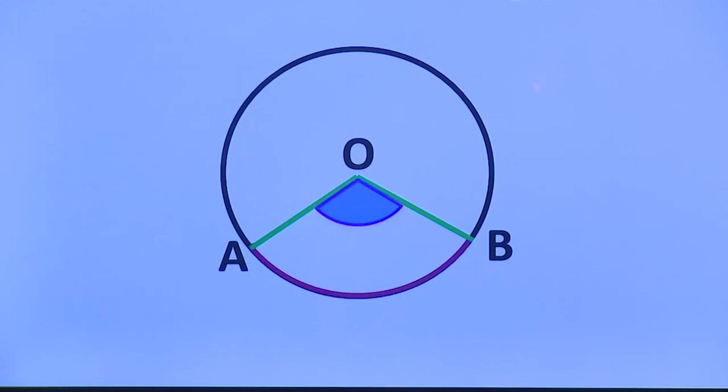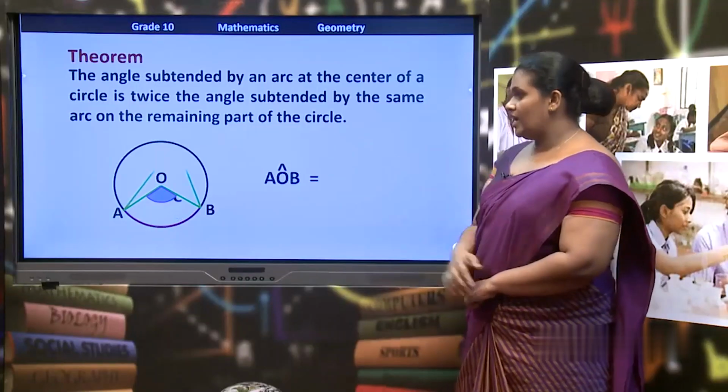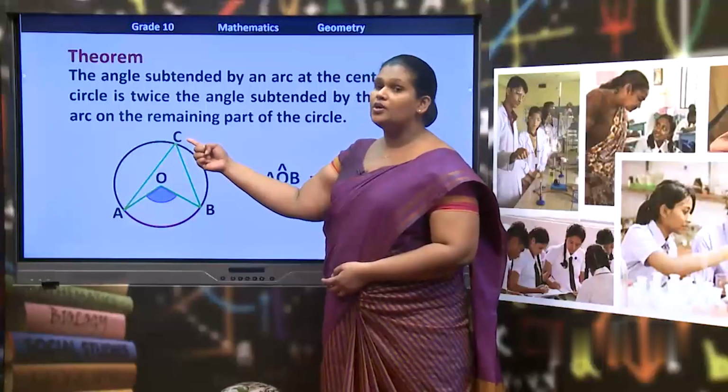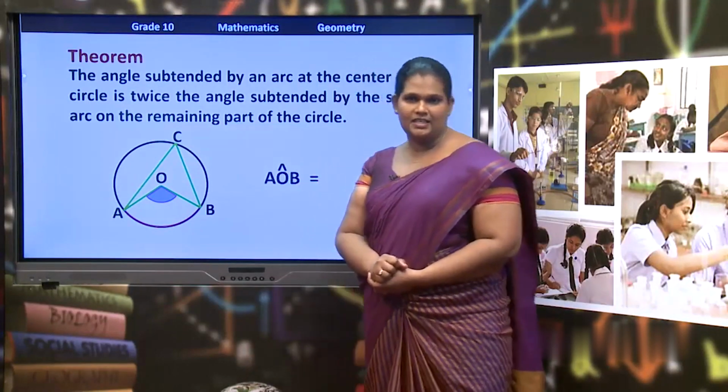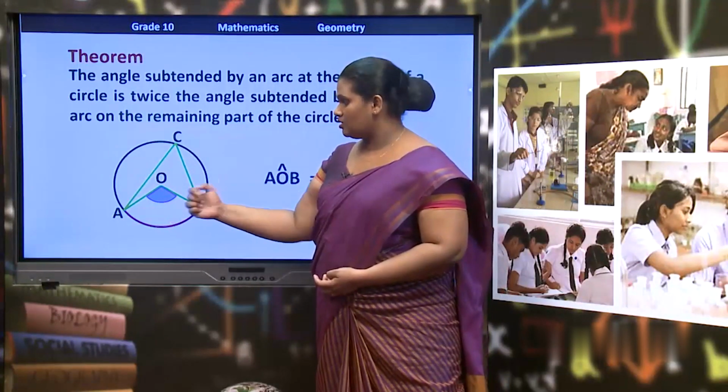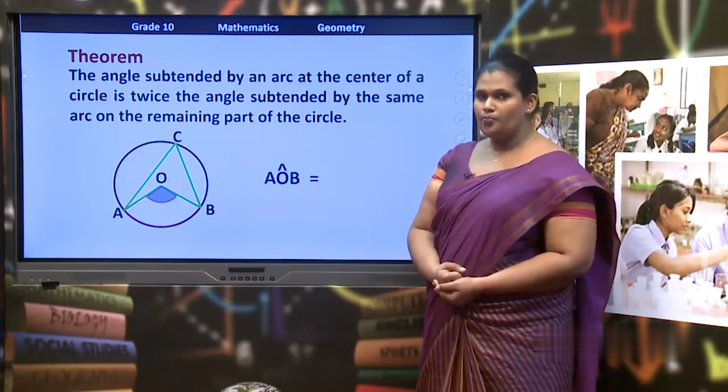Now, this is the angle we have discussed previously. Now, the second part. We can construct an equation when we consider the theorem. The theorem says the angle subtended by an arc at the center of the circle is twice the angle subtended by the same arc on the remaining part of the circle. We know the angle subtended by the arc at the center of the circle is AOB.